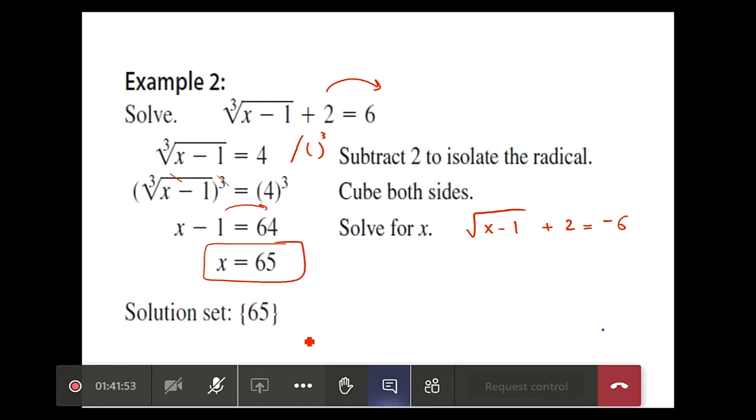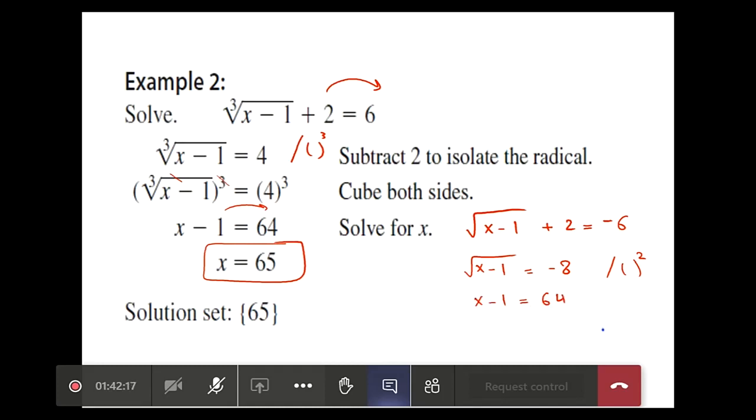We solve it with the same steps. Put x minus 1 equal negative 8, because negative 6 minus 2 is negative 8. Take the square for both sides, so we have x minus 1 equal what? 64.